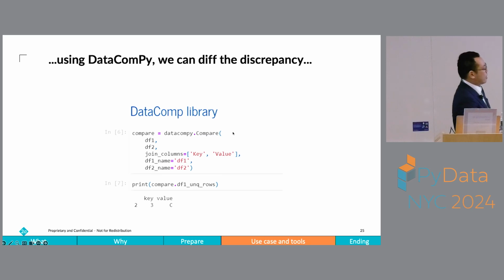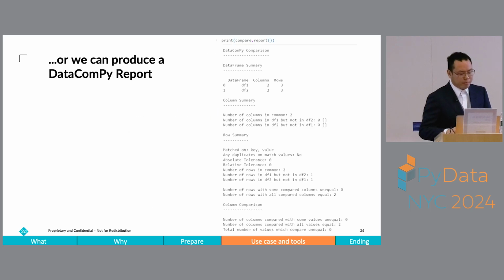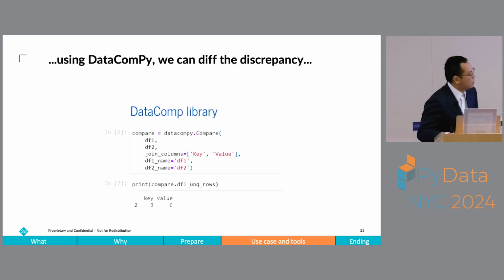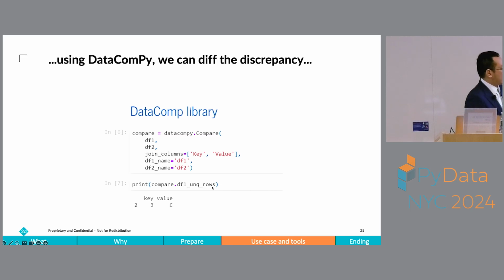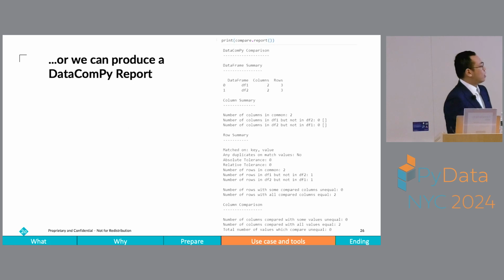It takes the data frames and the join columns, and it will return a compare object, and this compare object will have a lot of utility functions. For example, you can select all the rows that are only on the left side with df_unq_rows. You can also have a report function that shows you first some high-level summary about what the rows and columns are in both data frames, and what those columns and rows are that are in common.